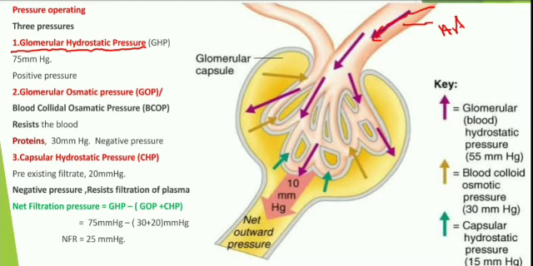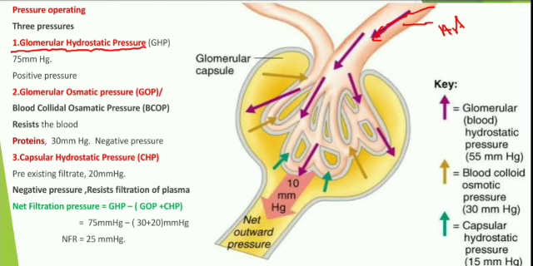It increases the pressure, which is known as glomerulus hydrostatic pressure. It is the same process: if more substance enters a small lumen, it automatically creates certain pressure, which takes place in the glomerulus. That's why it is known as glomerulus hydrostatic pressure.